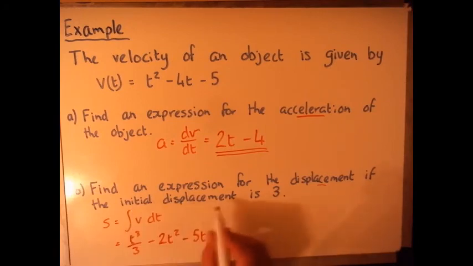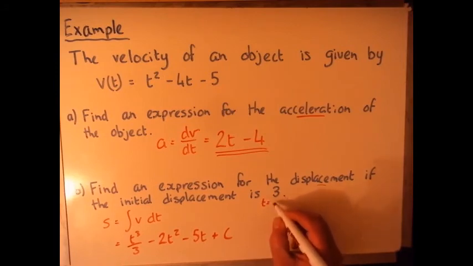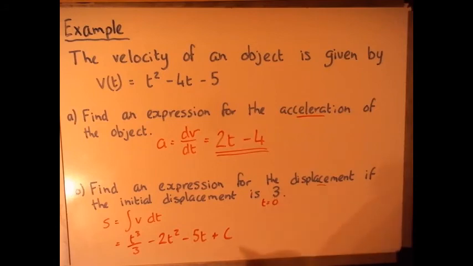So initial displacement is 3. That basically means when t was 0, when time hasn't started, the displacement is 3. So to calculate C, I'm now just going to put displacement of 3 here, time of 0 into here.